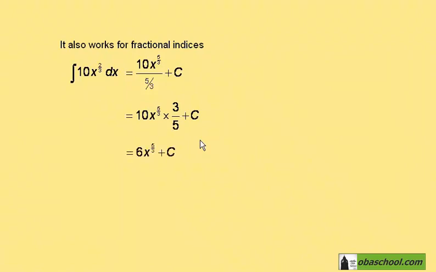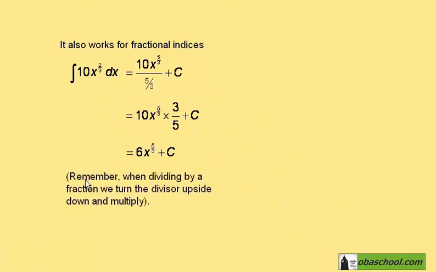Therefore, this tidies to give us 6x to the power 5/3 plus the constant. Remember, when dividing by a fraction, we turn the divisor, in this case the 5/3, upside down and multiply.